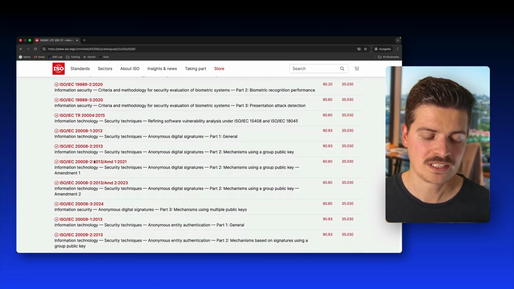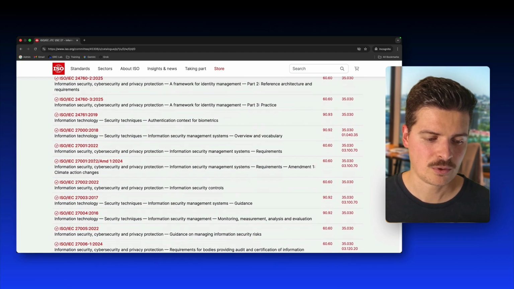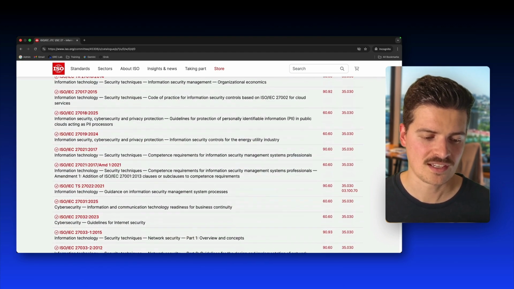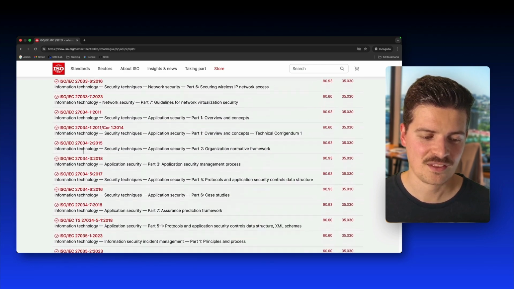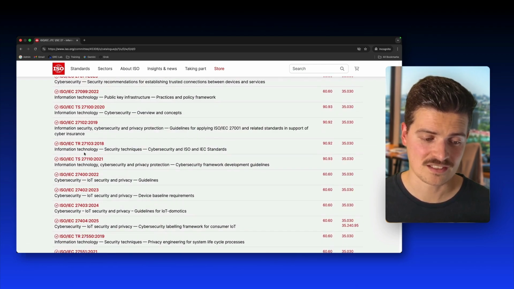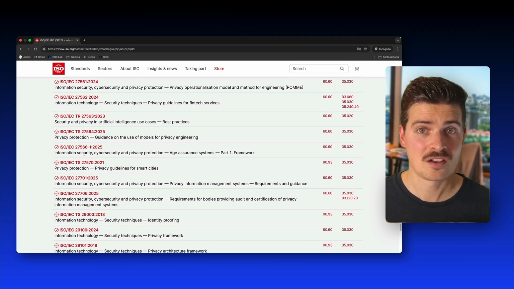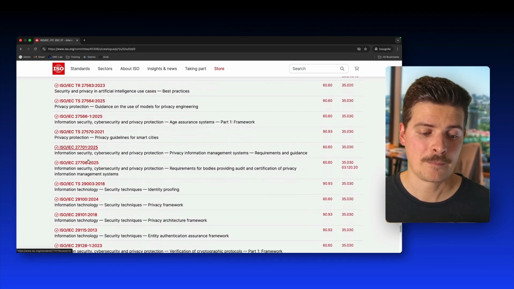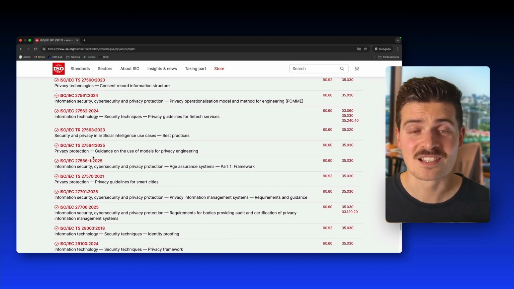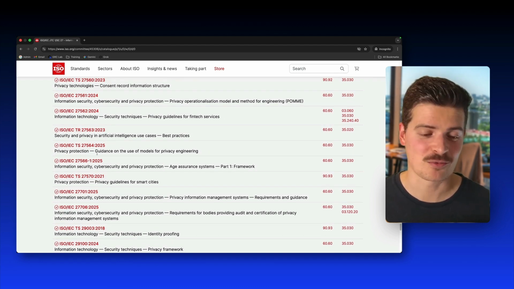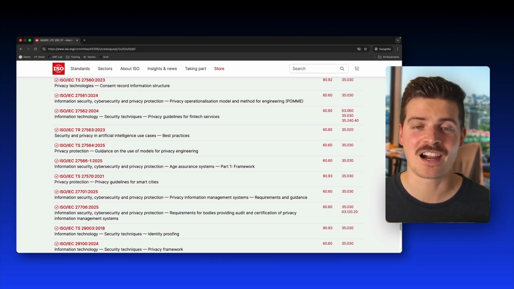But if we go down a little bit, then at some point we end up at ISO 27000. And then from here on, all the standards with a 27 in the front. So it's really a lot, you can tell. It's plenty of stuff to read, plenty of good stuff, also very niche at some point. But overall, this is where you can really find what's in store, no guesswork, nothing hiding here. So feel free to have a look at that as well.